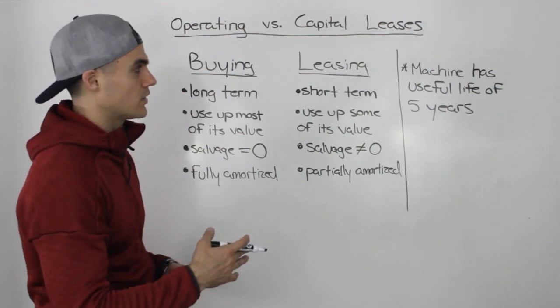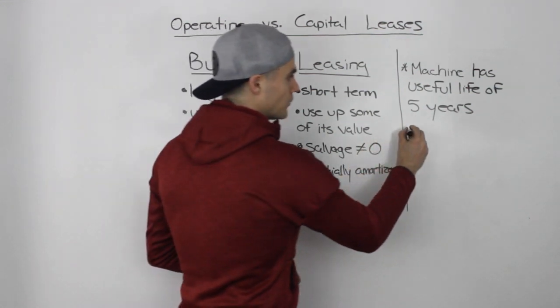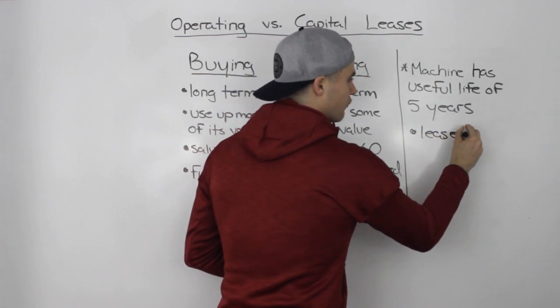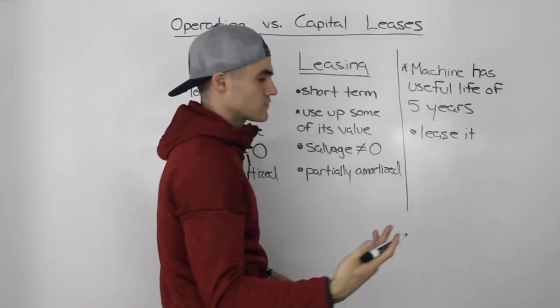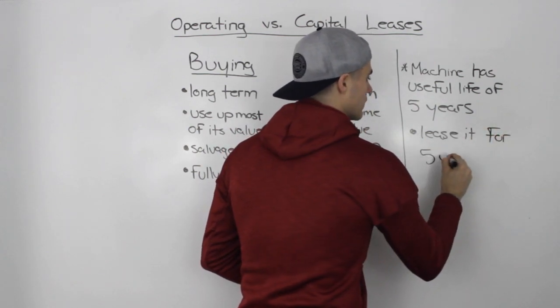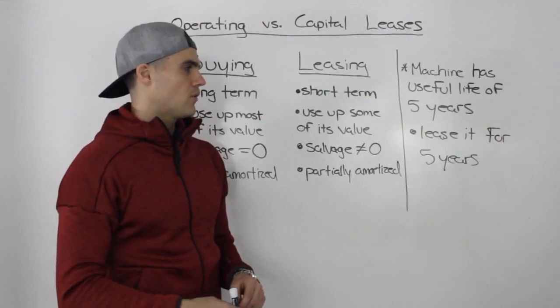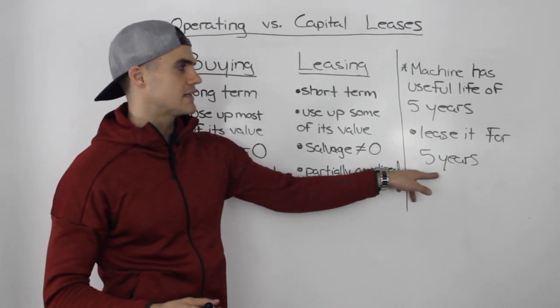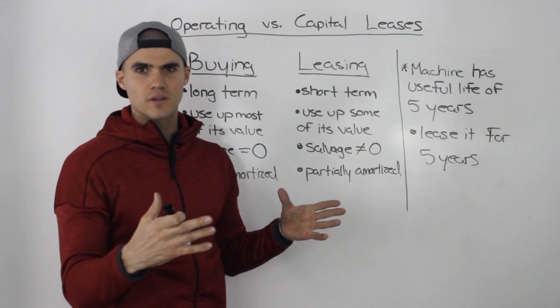We're going to keep it off our books. And when we lease it, we're going to lease it for its entire useful life. So we're going to lease it for 5 years. Well, that's actually kind of weird because we are leasing the asset for its entire useful life.